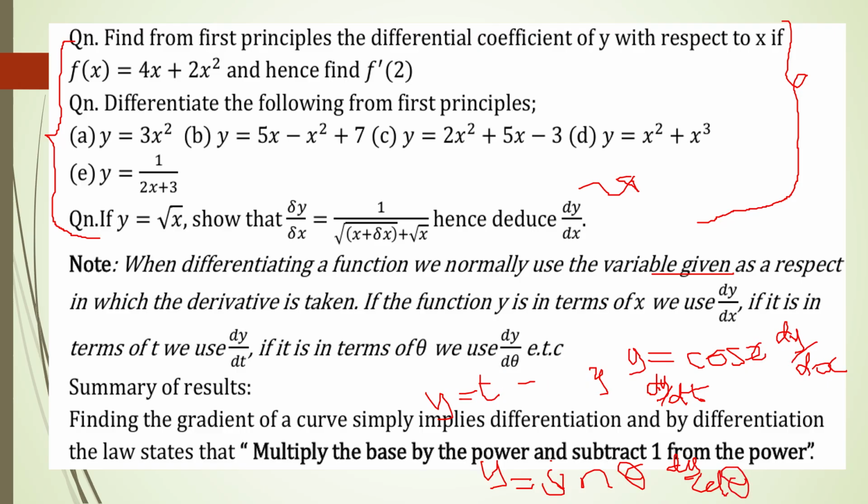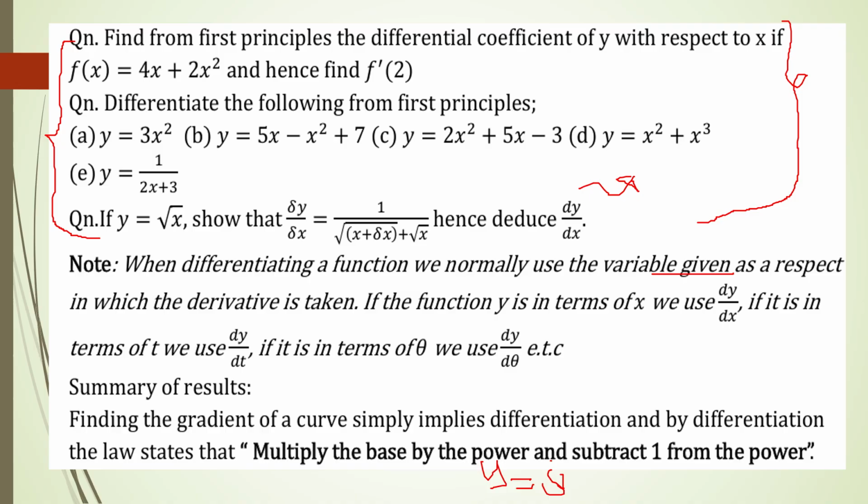The derivative is not always dy/dx, it's always dy with respect to what you're differentiating. If you're differentiating t terms, it's going to be dy/dt. If you're differentiating a function in terms of theta, it's going to be dy/d theta, among others. So to make a summary of results, finding the gradient of any curve simply means differentiating.